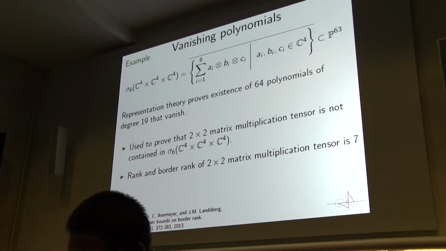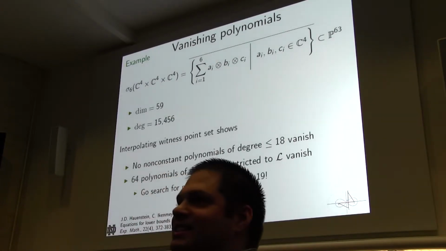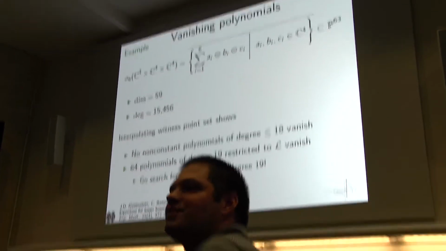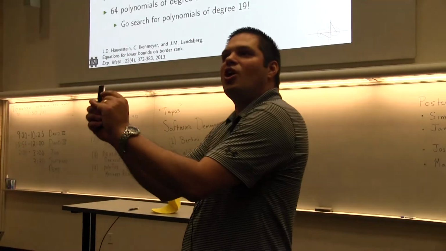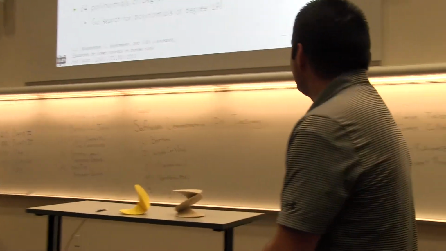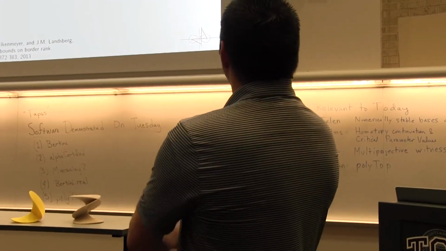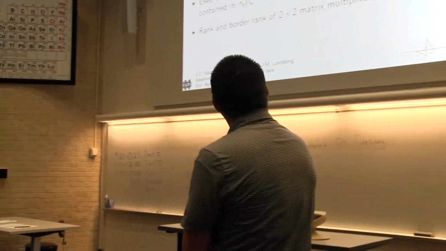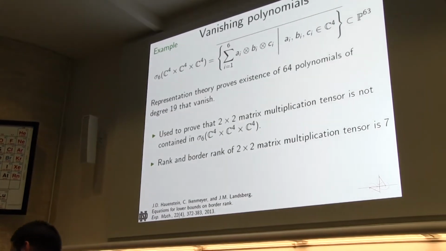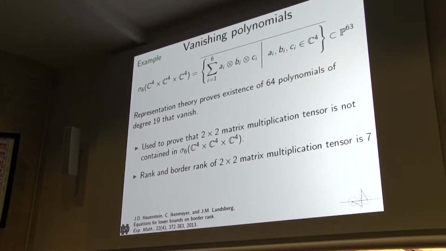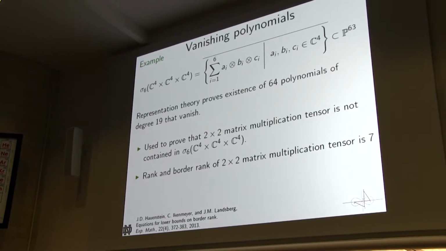All he needed was to tell me where to go look. I don't know if this is right, but I at least know this is where you should look. And amazing, 64 is 4 times 4 times 4. 19 is 4 plus 4 plus 4 plus 3. And from those two equations, you can define the 64 polynomials using representation theory. And lo and behold, they work.